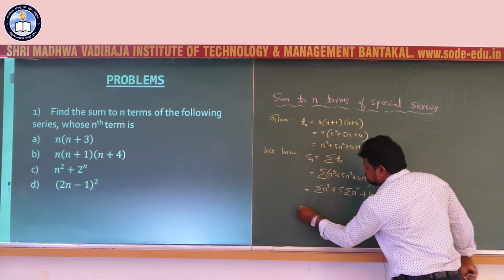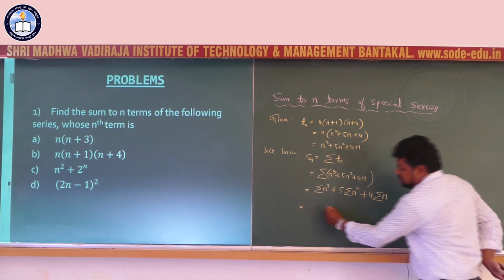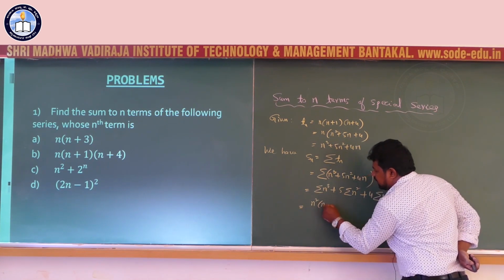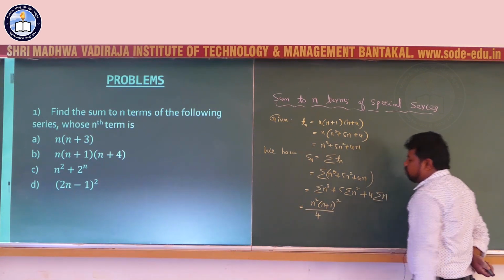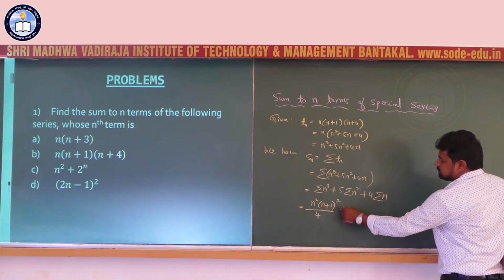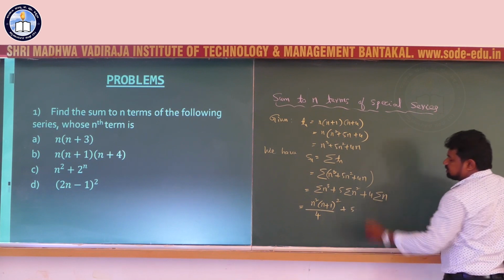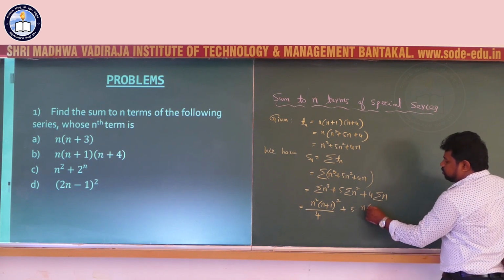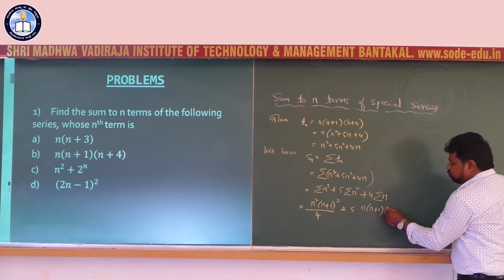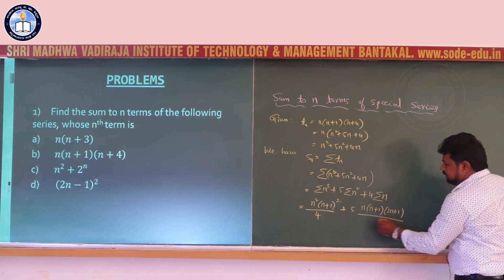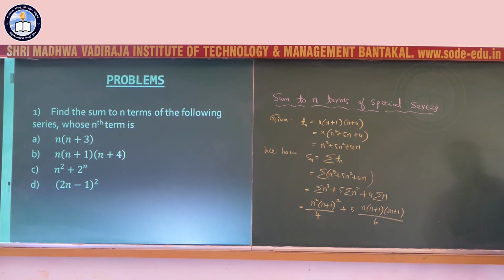That is equal to summation n cube, n square into n plus 1 whole square by 4, plus 5 times summation n square, n into n plus 1 into 2n plus 1 by 6, plus 4 times summation n, n into n plus 1 by 2.